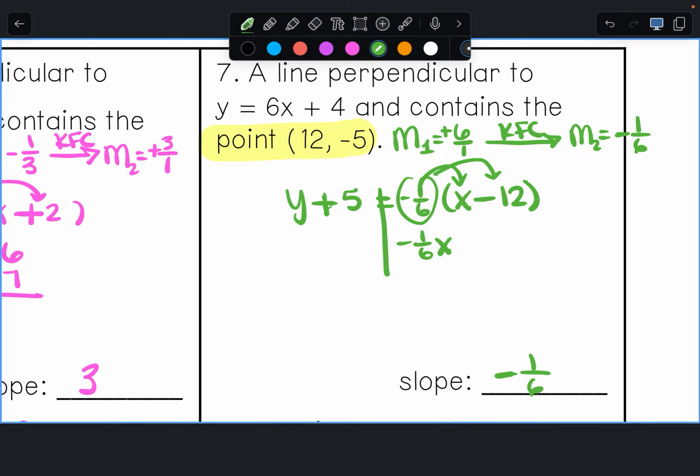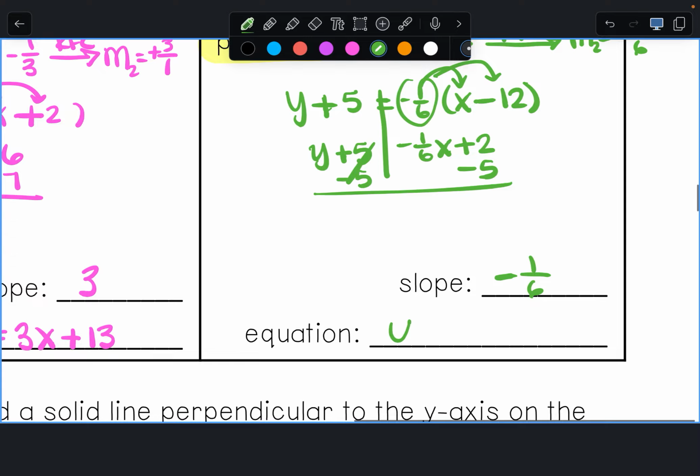Yeah. Don't forget both of those numbers are negative. What is the result? +2. And the second step? Subtract the 5. Okay, so our equation ends up being y equals -1 over 6x, well, minus 3. Very good.